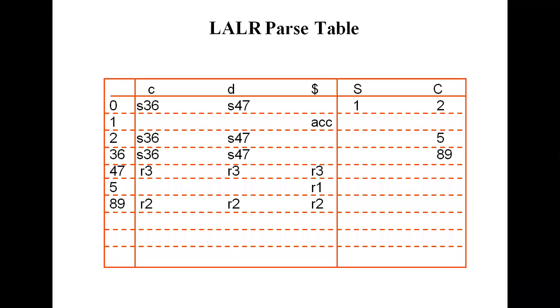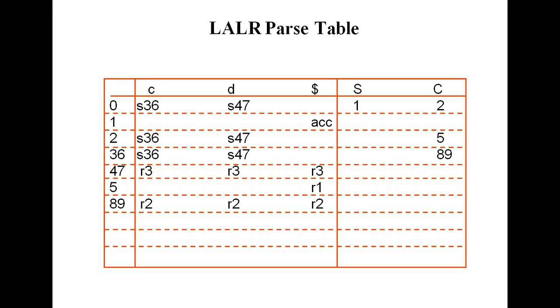It's very simple to construct the parsing table. After constructing the CLR canonical set of items, and after constructing the CLR parsing table, the last thing we need to do is construct the LALR parsing table. And this is the way of constructing it: finding which items, because every item has two components.